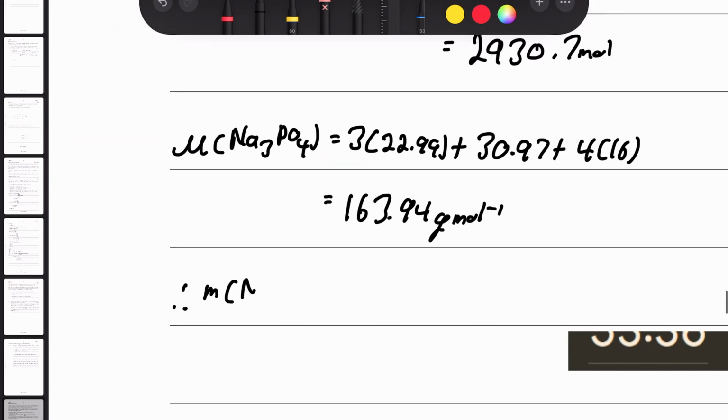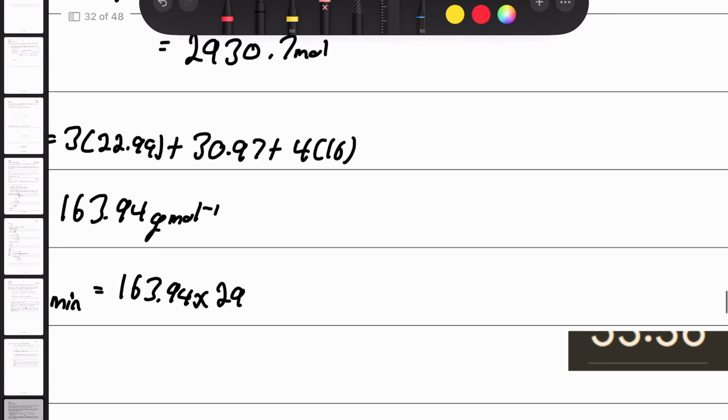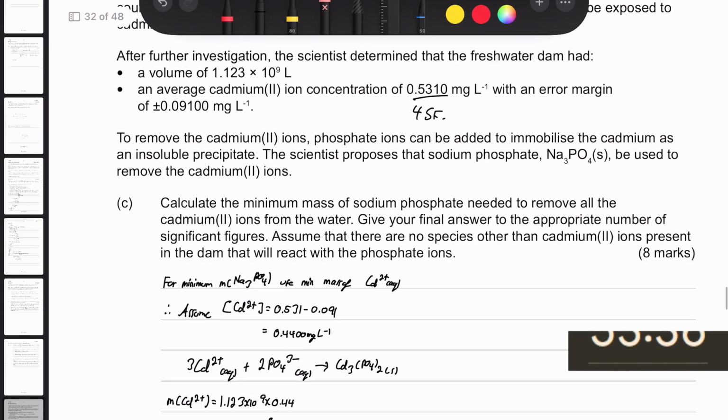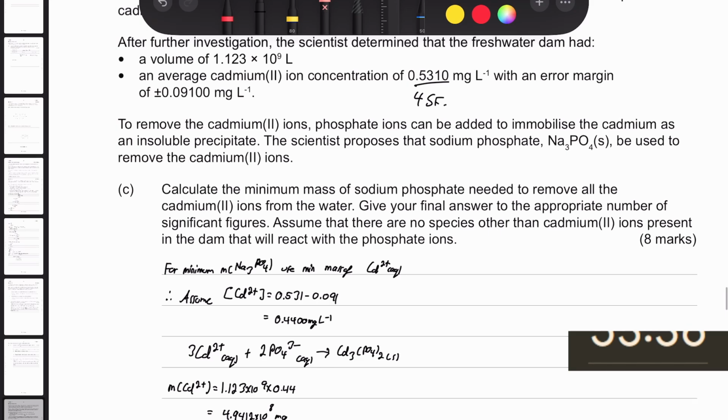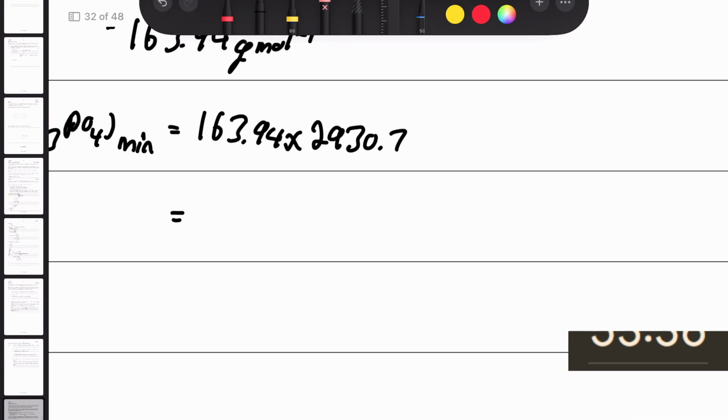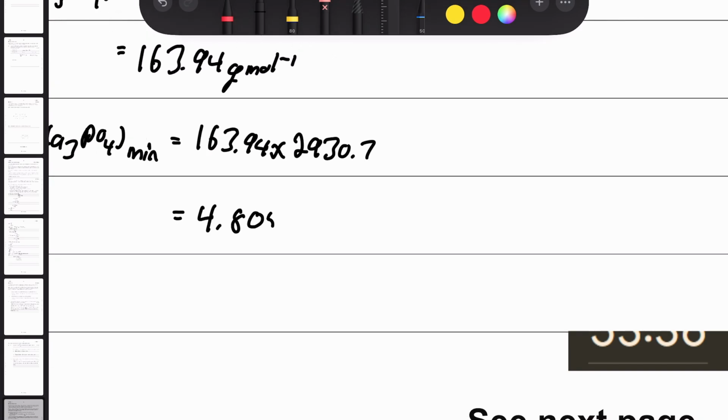Therefore, mass of Na3PO4 minimum is going to be 163.94 times 2930.7. I'm just making sure of the number of sig figs I need. 4.805 times 10 to the power of 5, 805 grams. Boom.